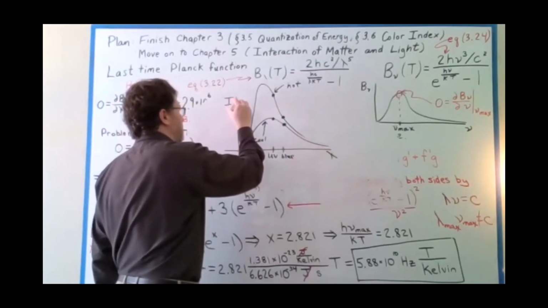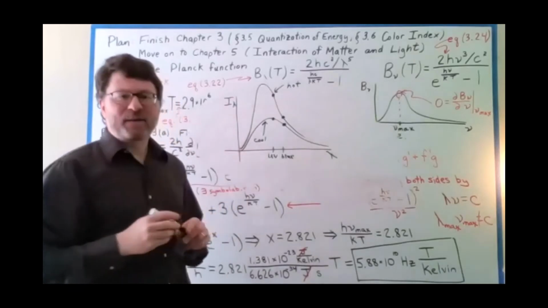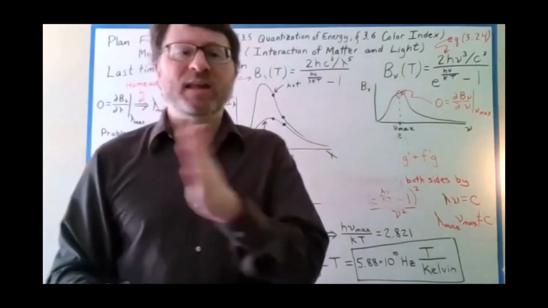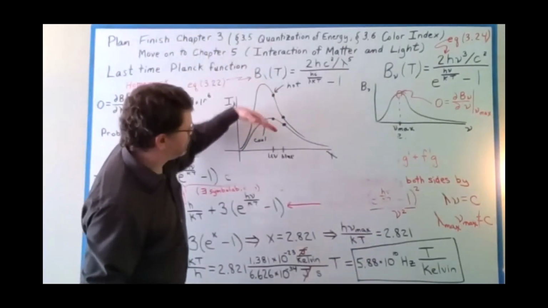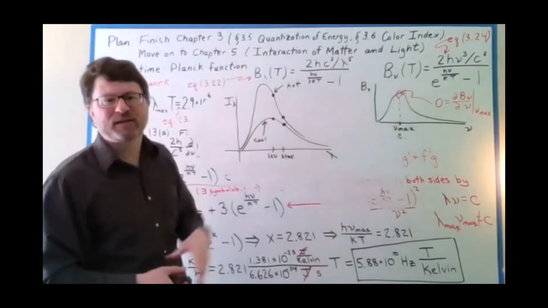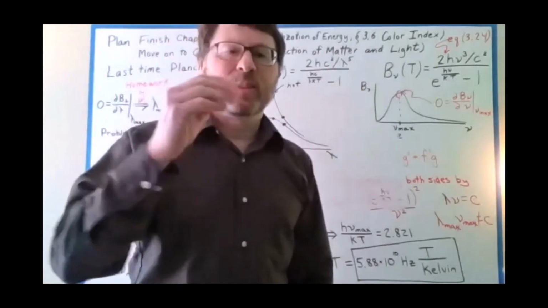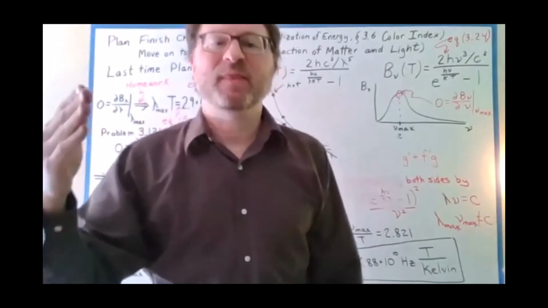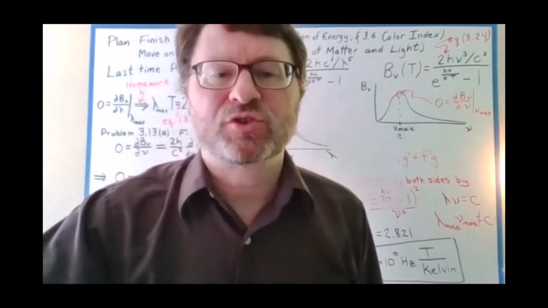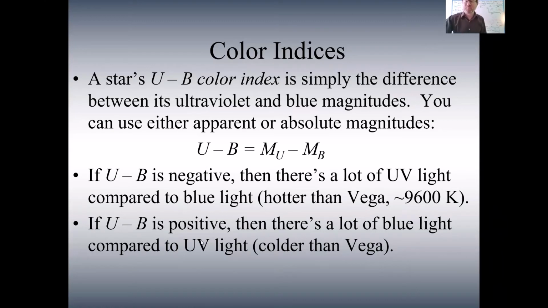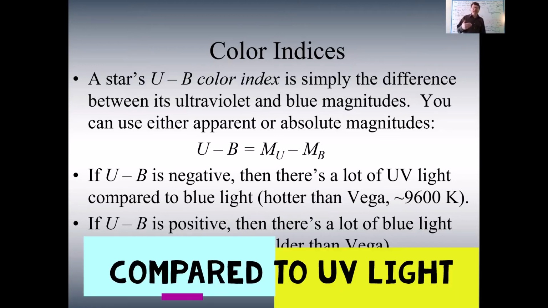So what I'm saying is that as you go to U minus B, which is more and more negative, you would be working your way up to higher temperatures, that is, to curves like this, for which the U light is much larger in intensity than the blue light. Now, if you go the other way, and I'll start sharing screens again so that we can look at the next example, and think about U minus B being positive, well, then there's a lot of blue light compared to infrared light, right?